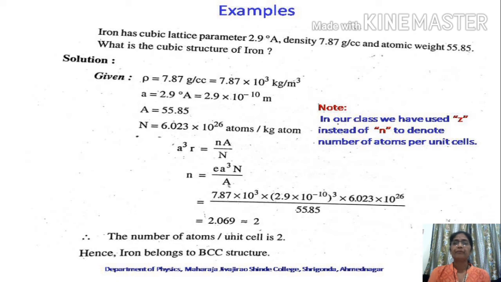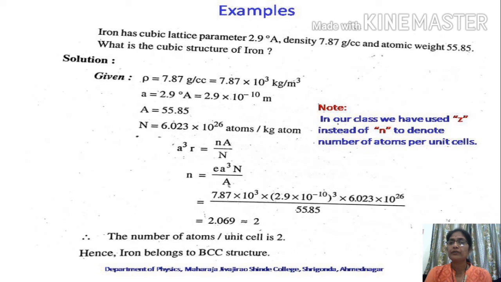It means that lattice parameter, that is a value, is given as 2.9 angstrom. Density is given, that is rho is 7.87 gram per cc. Atomic weight is given, that is, in textbook they have considered it as capital A equal to 55.85, and you have to find out the structure of iron. It means whether it is simple cubic, body centered cubic or face centered cubic.